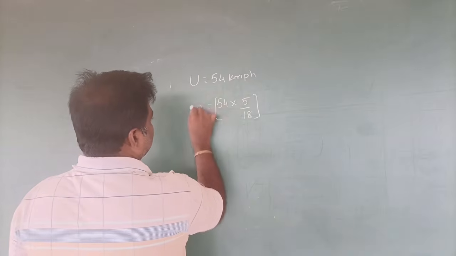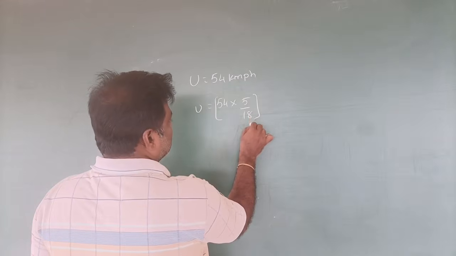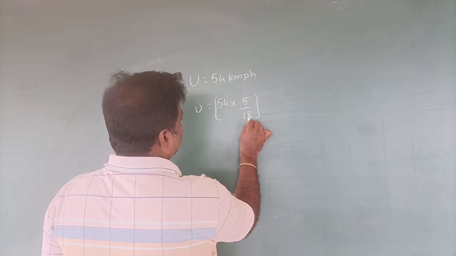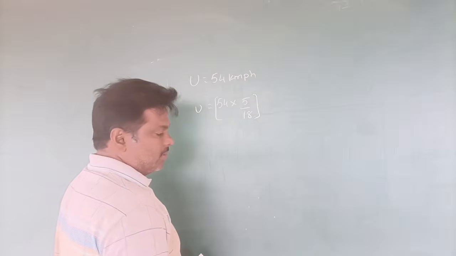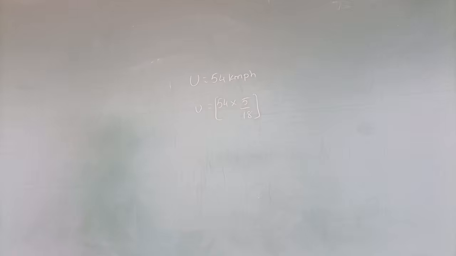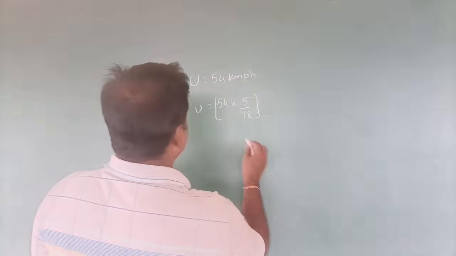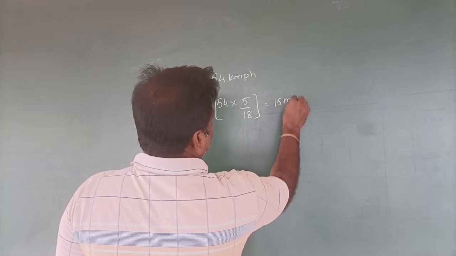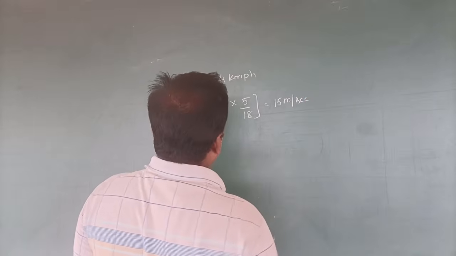Okay, this is u. 18 ones are 18, 18 threes are 54. 3 into 5, how much will you get? 15 meter per second.